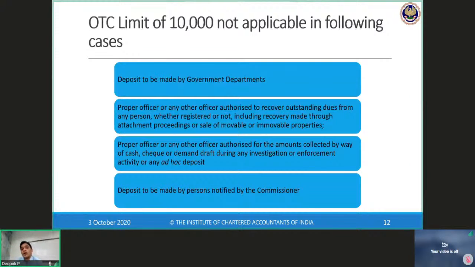There is no calculation, but the officer feels that this much liability will definitely come and he has to pay. So this ad hoc amount is based on estimation or his judgment, but not on any calculation. This can be paid. This is called an ad hoc deposit.